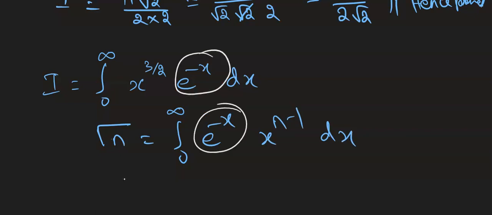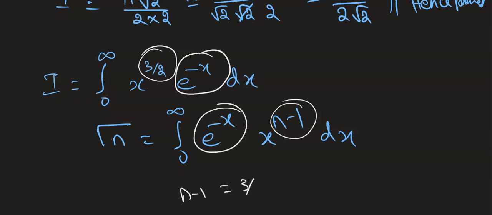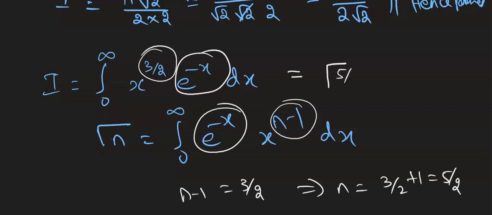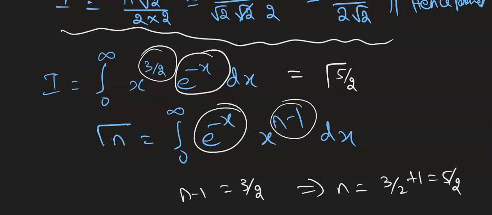If the power matches, then in the place of n minus 1, what do I have? 3 by 2. So n minus 1 is 3 by 2, which implies n is 3 by 2 plus 1, which is 5 by 2. So your question is nothing but gamma 5 by 2. That's it. Direct formula we are using.